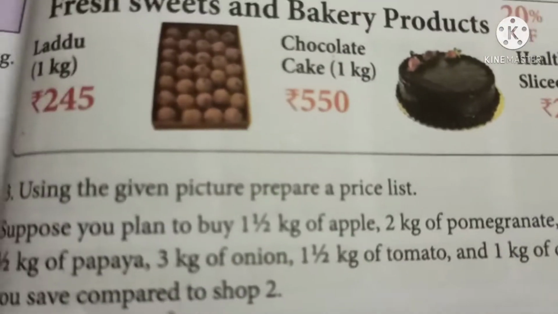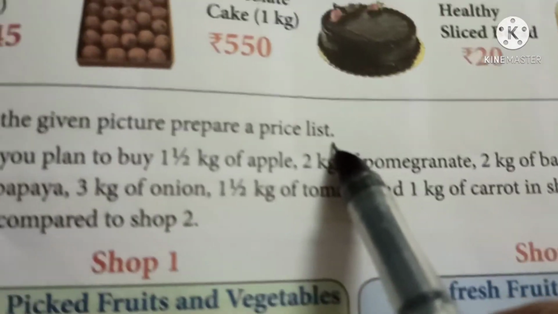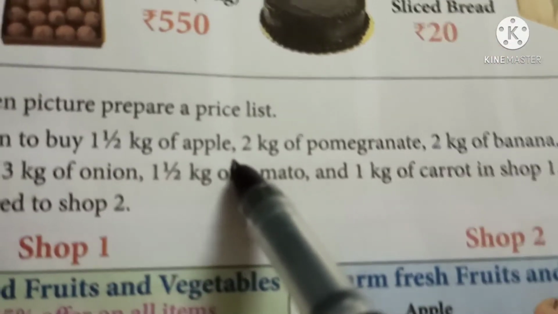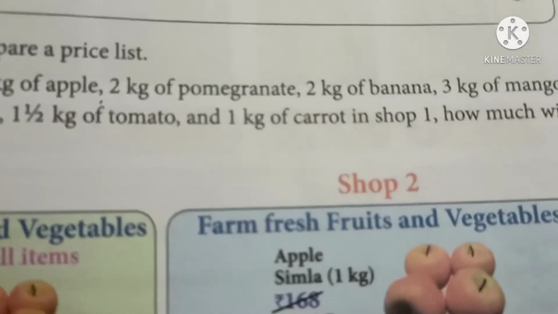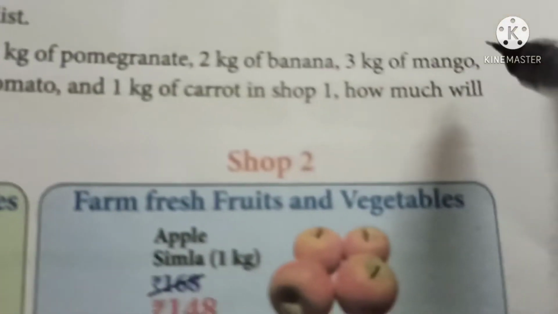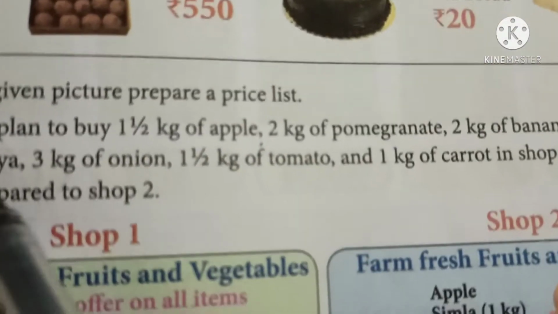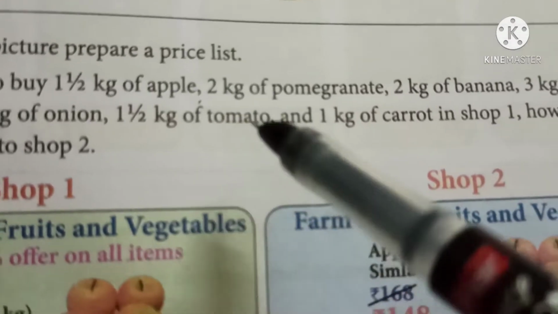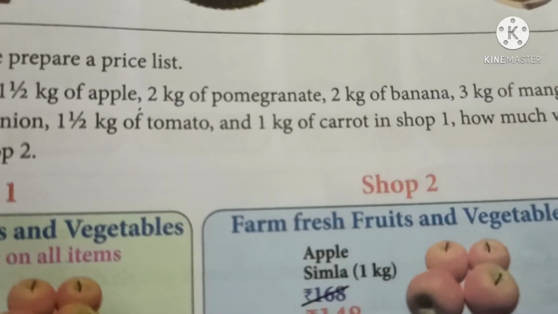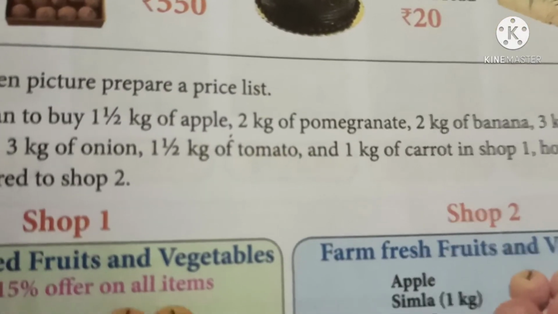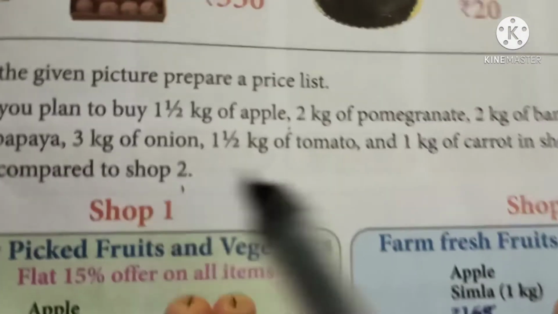Next one, using the given picture, prepare a price list. Suppose you plan to buy 1.5 kg of apple, 2 kg of pomegranate, 2 kg of banana, 3 kg of mango, 1/2 kg of papaya, 3 kg of onion, 1.5 kg of tomato and 1 kg of carrot in shop 1. How much will you save compared to shop 2?